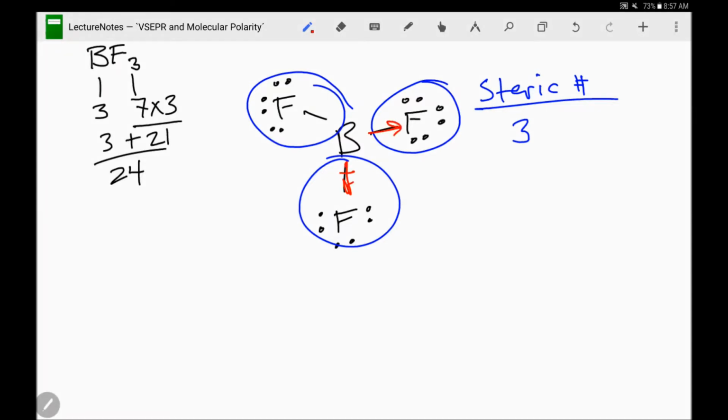If the bond polarity is a vector, then it's going this way. If you take those vectors and you add them up by putting them nose to tail, they will add up to 0. They'll all cancel each other out. So this molecule is non-polar because it's perfectly symmetrical.